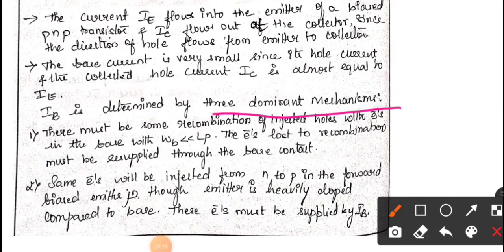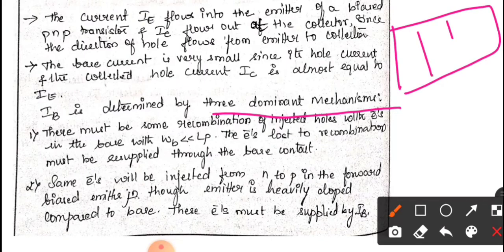Speaking about base current, the first mechanism is recombination of injected holes with electrons in the base, with WP less than LP. The electrons lost to recombination must be resupplied through the base contact. So we have our PNP transistor here.